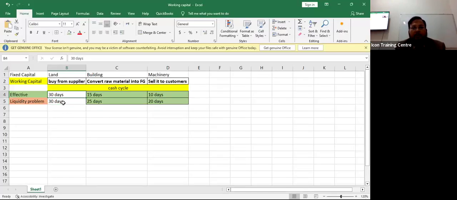This is the payment section, you need to pay your suppliers, and this is your receiving section. So the more quickly you are converting your raw material into finished goods and then receiving the money from the customers, it will give you a more liquid, strong position, right?